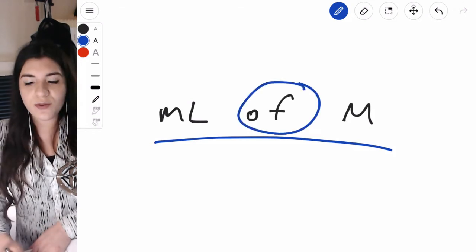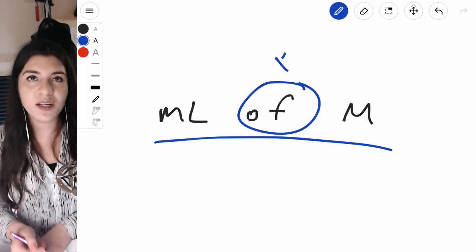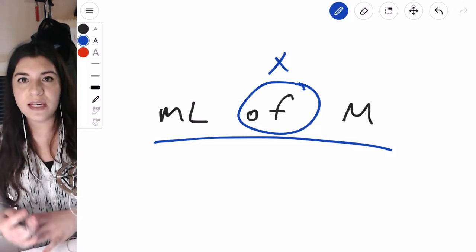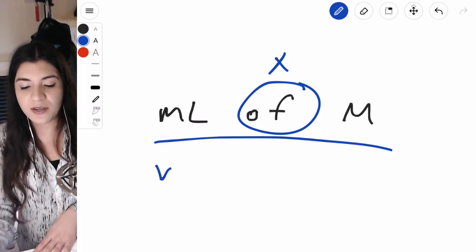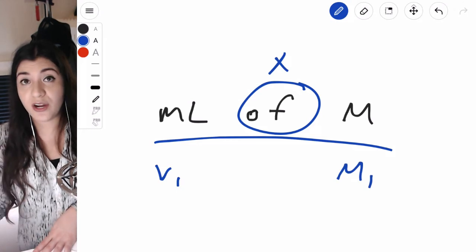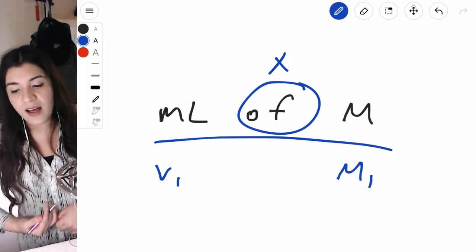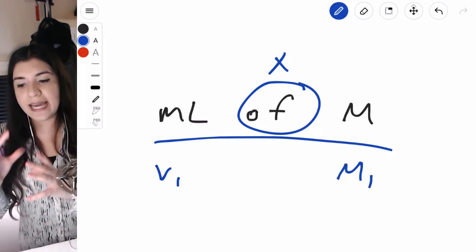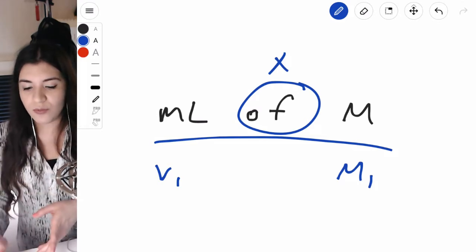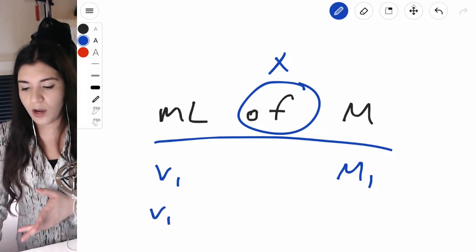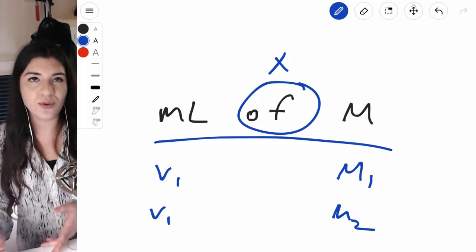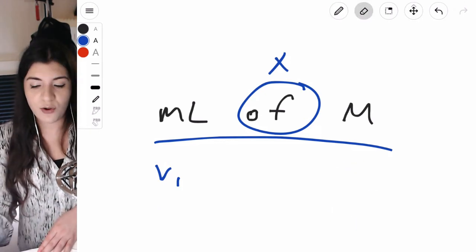Because this goes back to math: "of" actually means multiply. So these two have to be the same thing, meaning this has to be volume 1 and this has to be molarity 1. So that's going to be your hint. Whenever you see those two together, don't separate them. You're not going to have one that's 1 and the other one that's 2. That's never going to happen. So that's something to note.